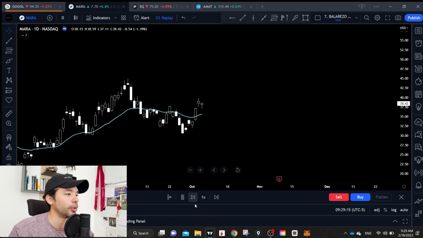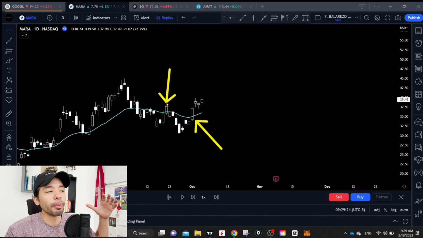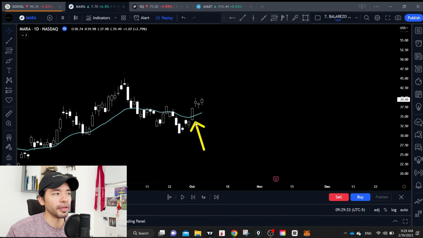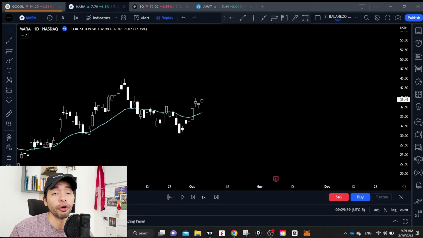Now, this is actually pretty interesting. The price came and broke above the 21 exponential moving average, but if we compare it to the time when it did it here, we move above it, but then we lose it the next day. In comparison, here we move above it, and now we continue to hold above the 21 exponential moving average for 3 days more.